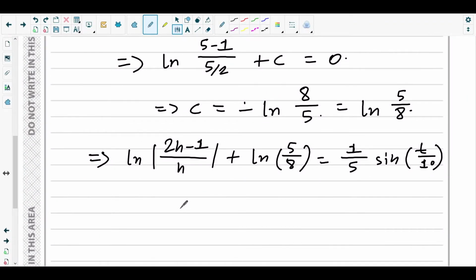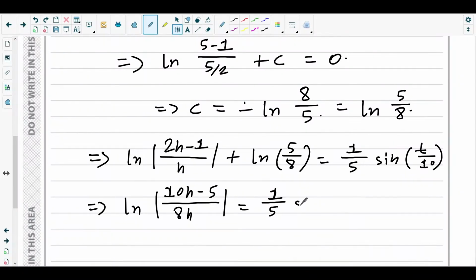So now what we can do? Same ln. You can take ln common again. They will get multiplied, right? So you will get 5 times 2, it is 10h minus 5 over 8h, equals 1 over 5 sine t over 10.